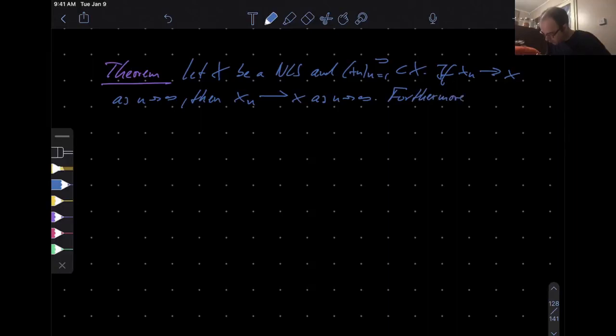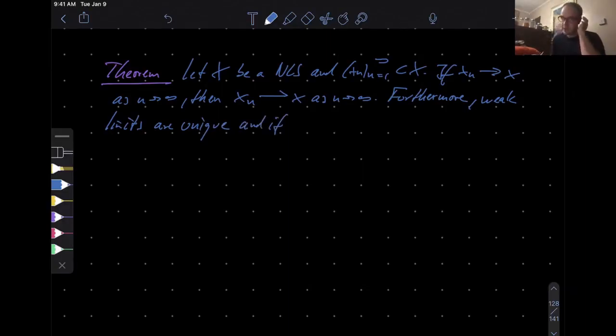Okay. Furthermore, although weaker, it still shares some of the fundamental properties of ordinary limits, namely weak limits are unique. So if a sequence converges weakly to something, then it can only converge to one thing. And convergent sequences, they're all bounded, right? And the same is true, and that requires the principle of uniform boundedness, for weakly convergent sequences.